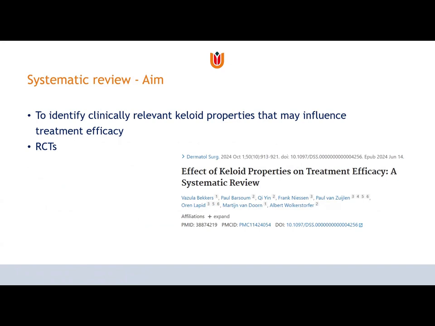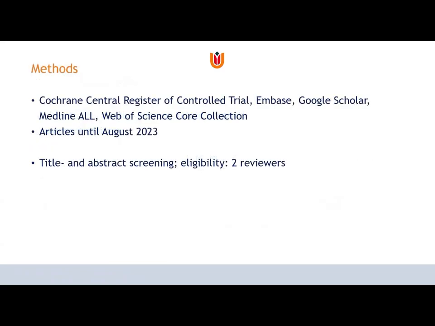In this review, we included only RCTs due to the strongest evidence inherent to those studies. A comprehensive electronic literature search was performed in the following databases: the Cochrane, Embase, Google Scholar, Medline, Web of Science. And the search included articles from inception until August 2023.